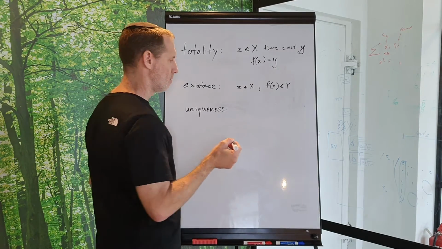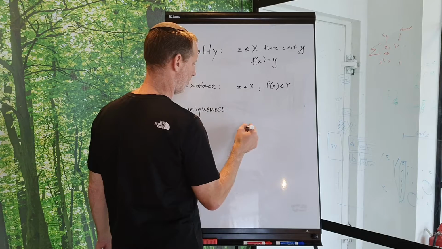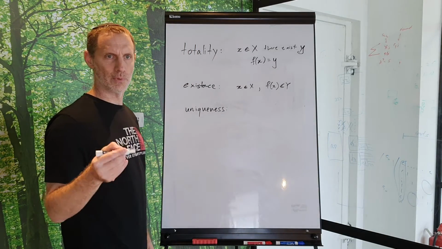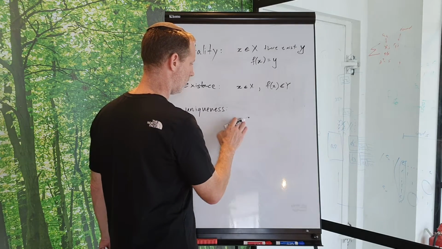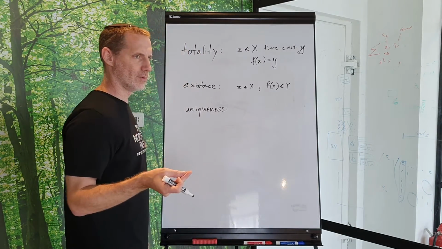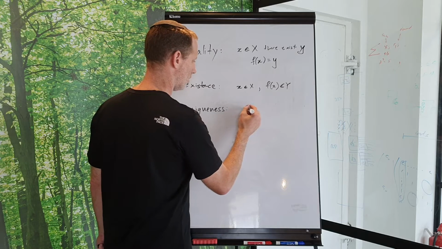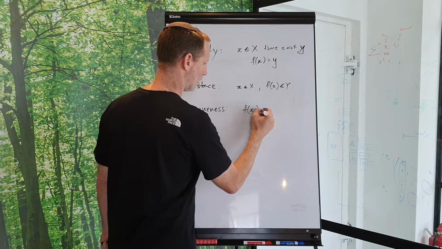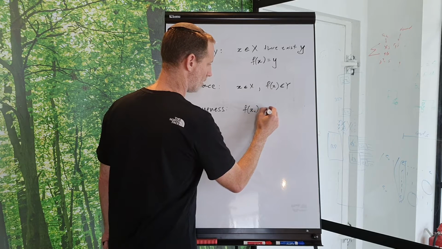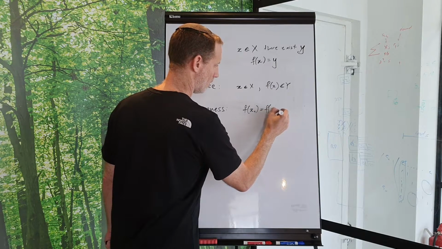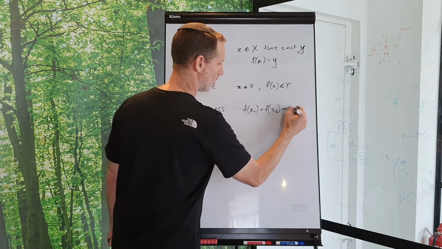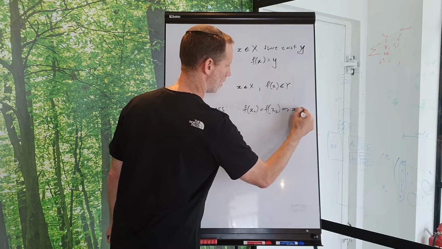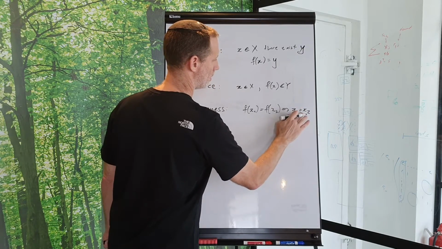So we can have the same y for two x's, but we can't have two y's for one x. If f of x1 equals f of x2, then necessarily x1 equals x2.